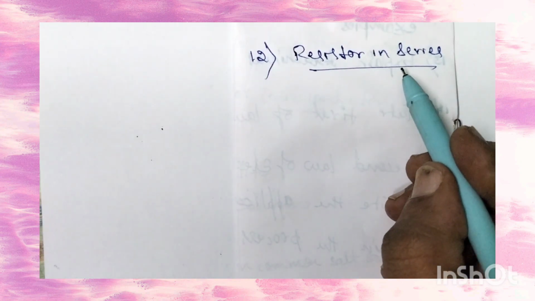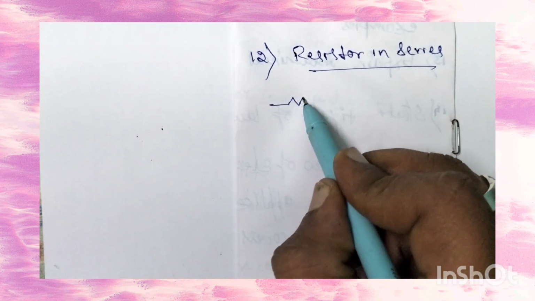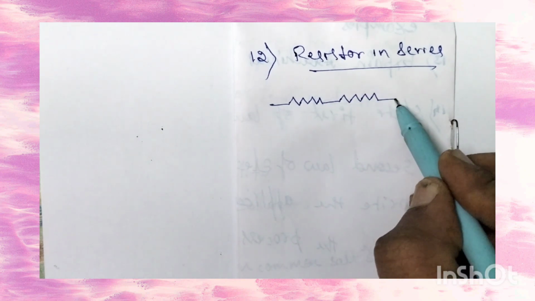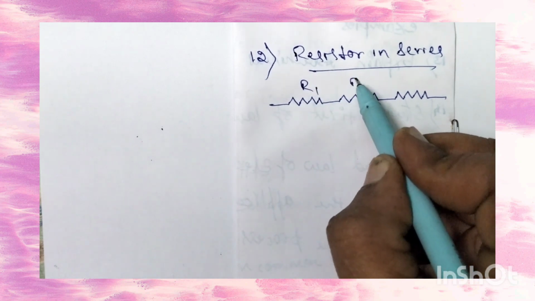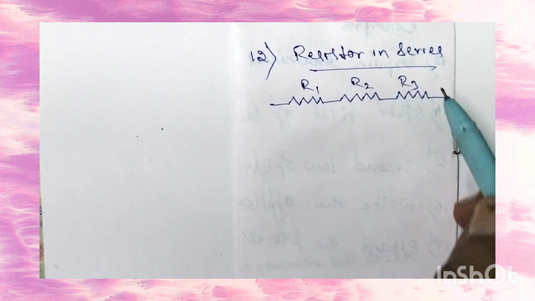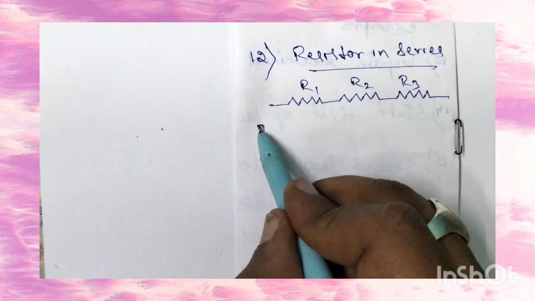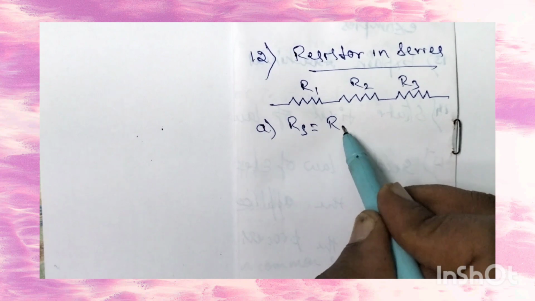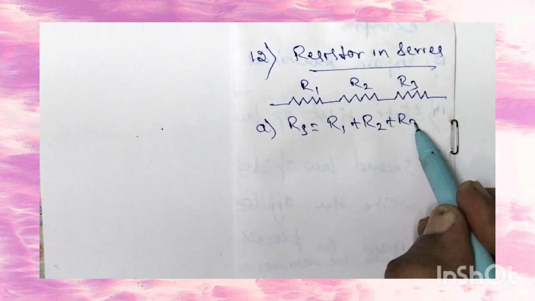When resistors are connected in series, let us connect 3 resistors in series. This is R1, this is R2, this is R3. When 3 resistors are connected in series, let us see the equivalent resistance. Rs is equal to R1 plus R2 plus R3.